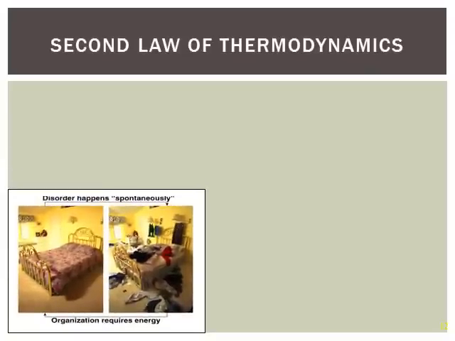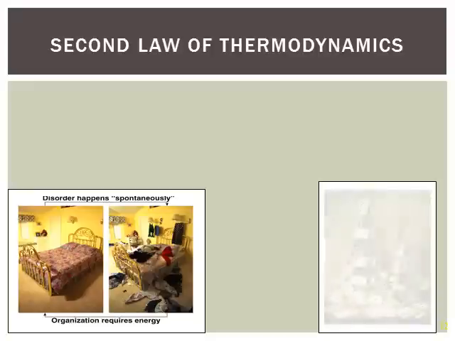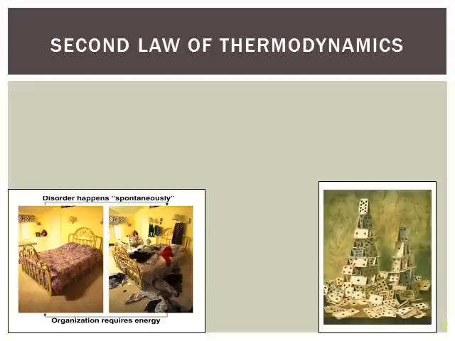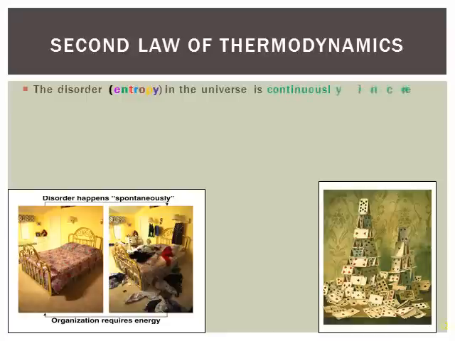The second law of thermodynamics is all about chaos, which is kind of a neat idea. Disorder is the state toward which we are always moving. So disorder, or what we call entropy, is continually increasing. And I like this little graphic of the bedroom at the bottom. I don't know about you guys, but that tends to happen in my house.